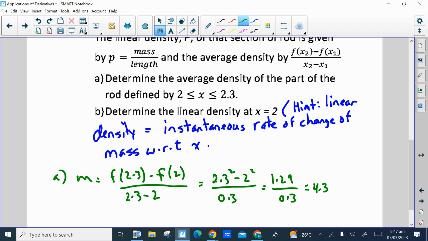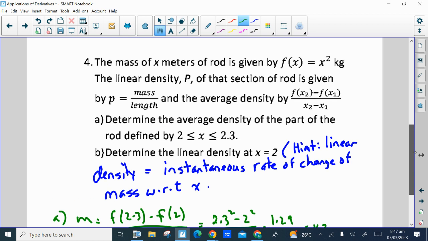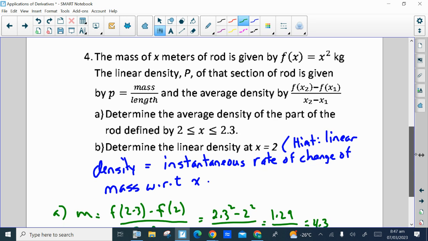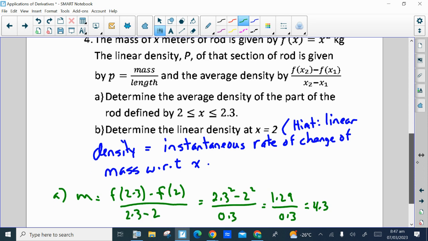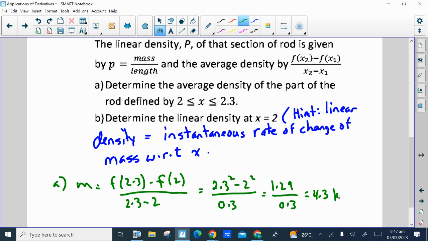And so this is the average. So the mass of the rod is in kilograms per meter of rod length. So it'll be 4.3 kilograms per meter of rod length.